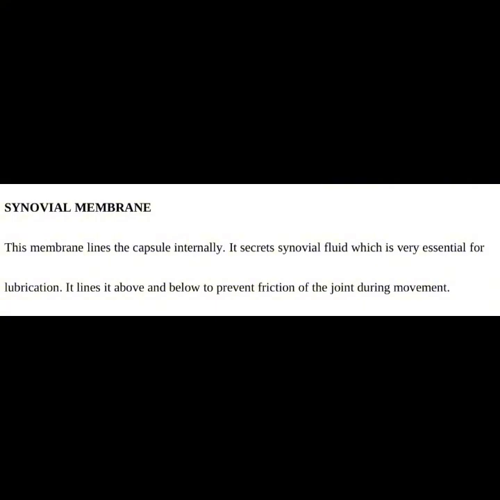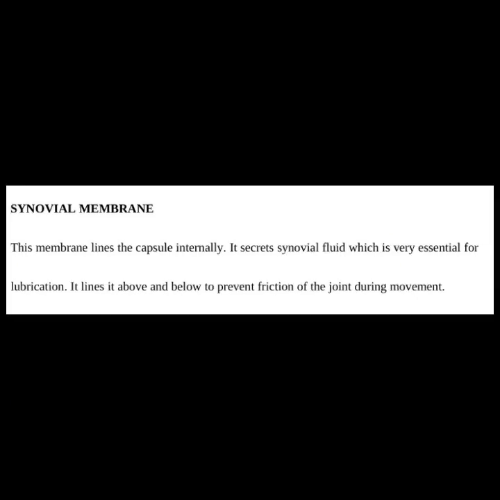So inside this fibrous capsule, we have a lining called the synovial membrane. That lining is called the synovial membrane, which secretes what? Synovial fluid. The synovial fluid allows joint fluidity and movement of the joint in flexion and extension. So however the joint wants to move, the synovial membrane prevents friction between the bones.